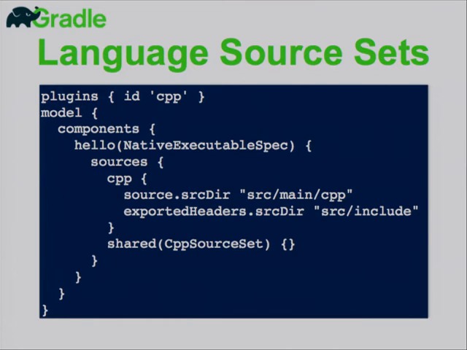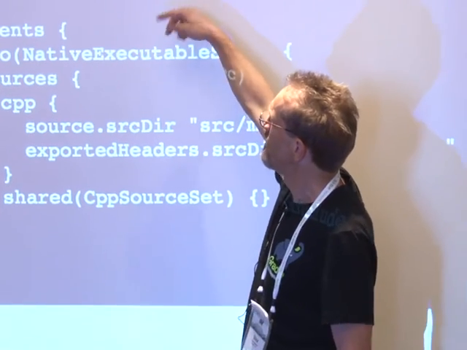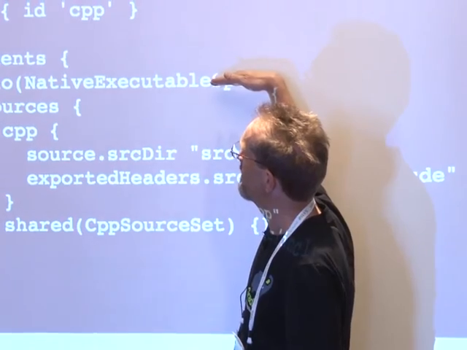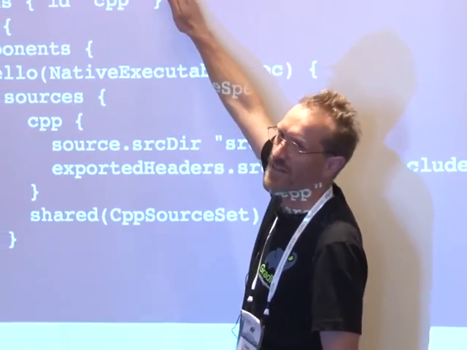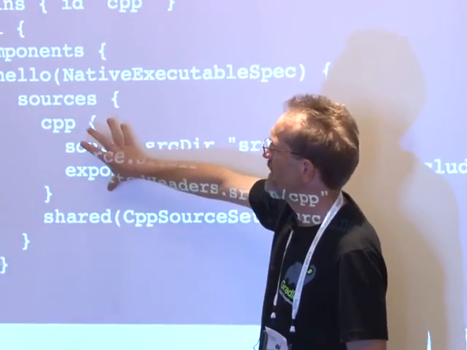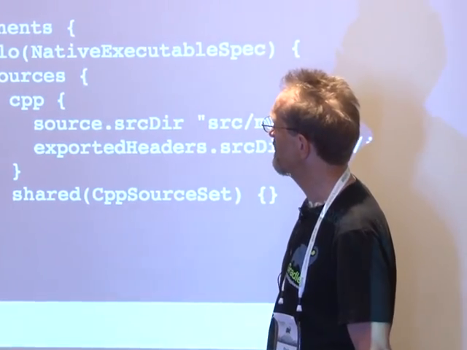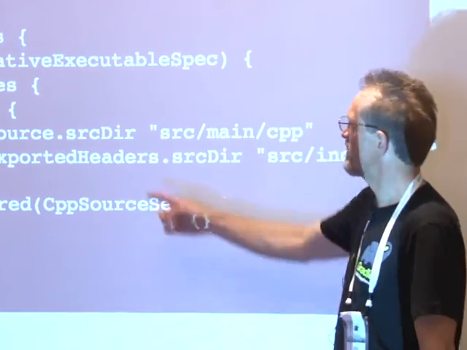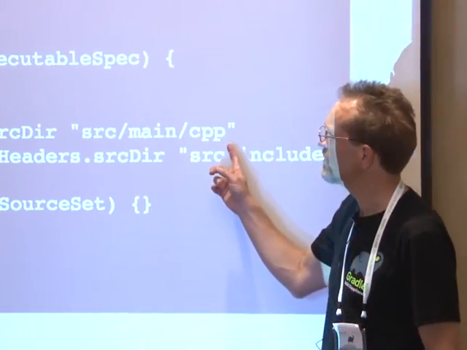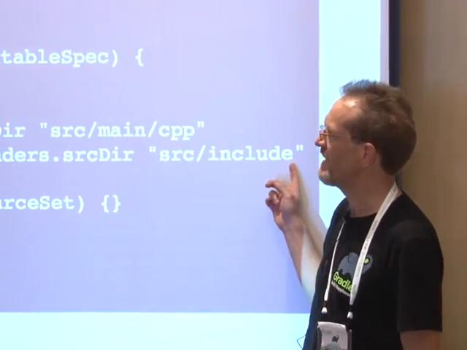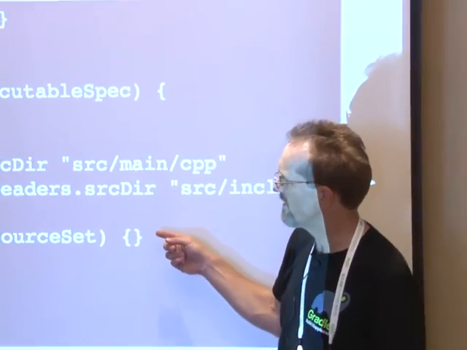This is the implicitly defined CPP source set that's applied by the combination of having a native component and that language. By convention, we automatically define a C++ source set called CPP. And you can configure the source directory, and you can configure where the headers come from. You can also add additional source sets.